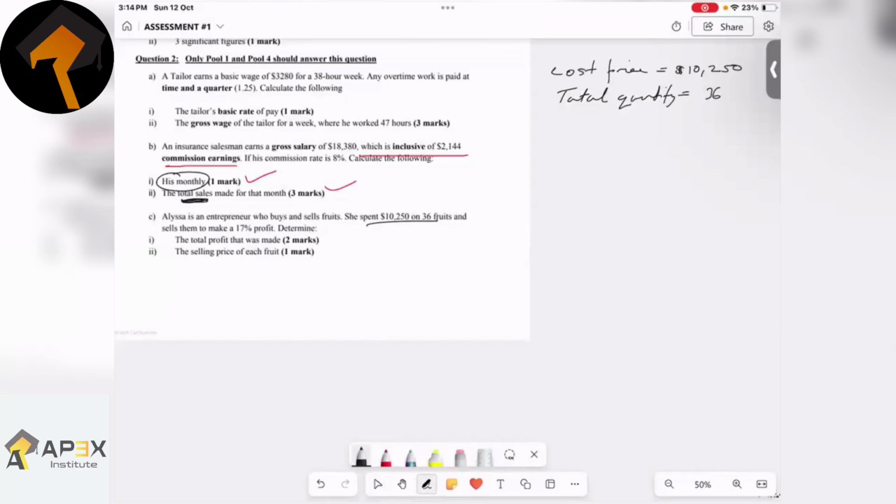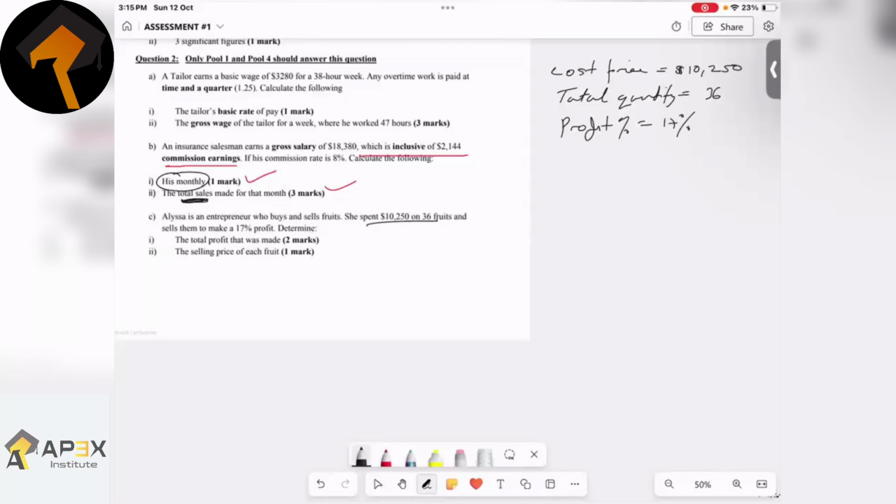Now, it says she sells them to make. So she wants to sell them, and the objective for her is to gain a 17% profit. So she wants to add 17% of what she has spent onto what she spent, right? So we know that the profit percentage is equal to 17%.